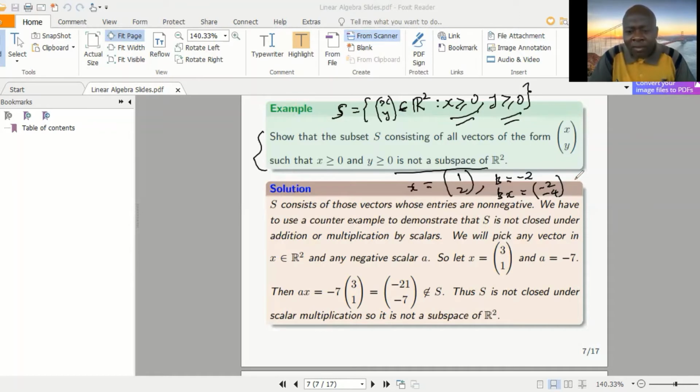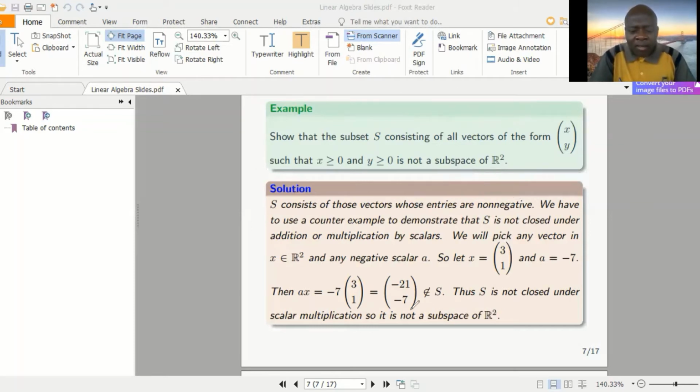So that means this one is not in S. So this is the condition that is not satisfied, and that is the condition disqualifying this set from being a subspace. So you look at my working here. That is what I did. I only chose a different vector. So you just choose any vector so long as it fulfills the conditions here.